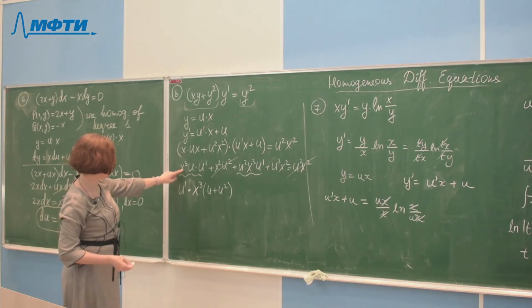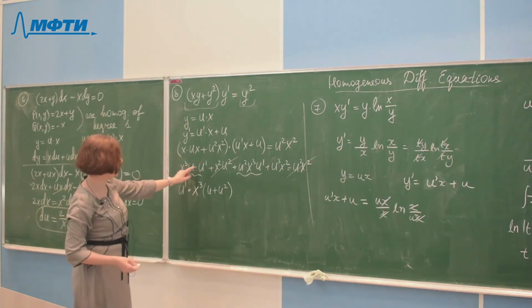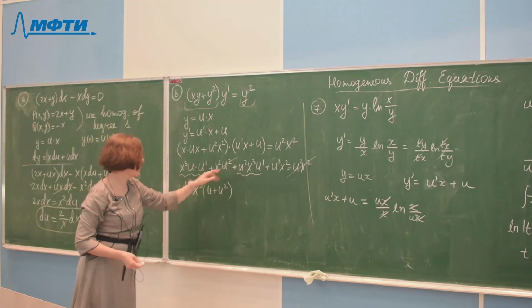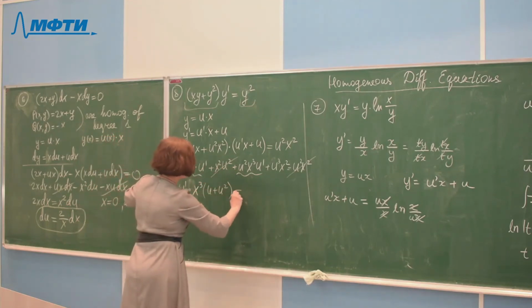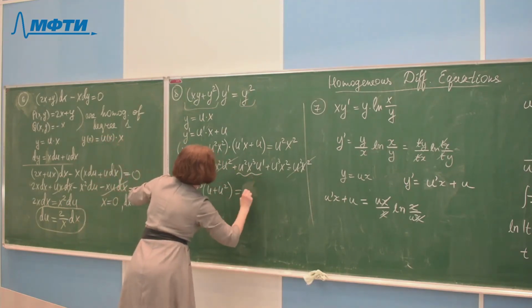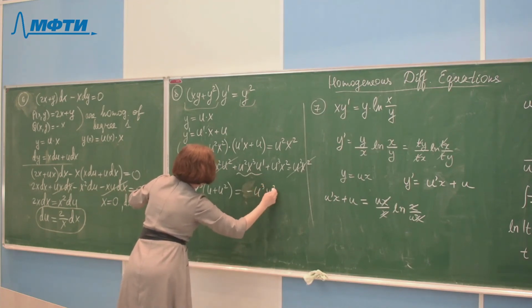So u prime and x cubed are common factors of these two terms, and it is equal to minus u cubed x squared.